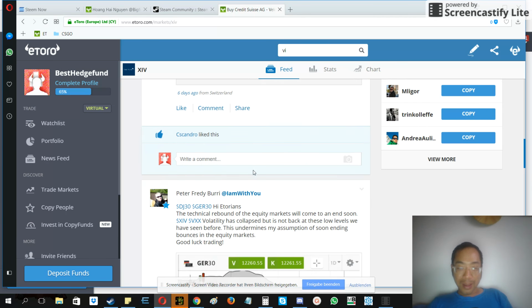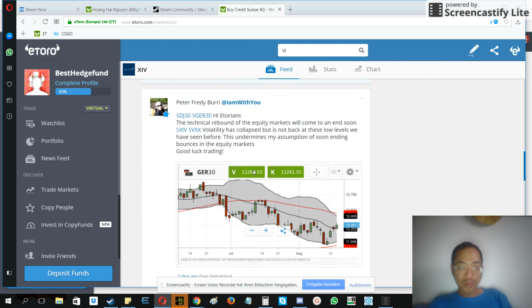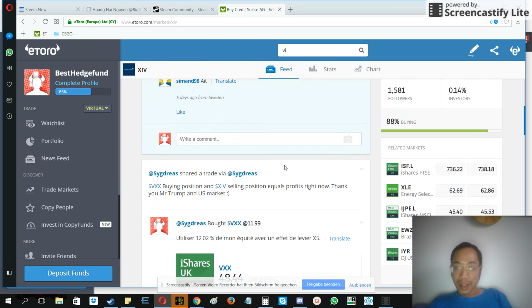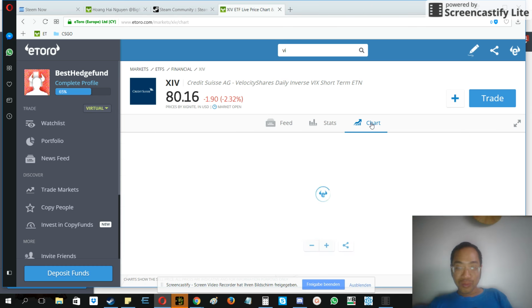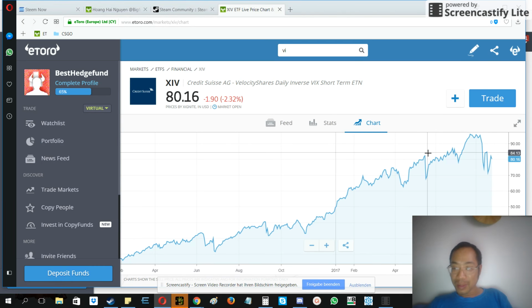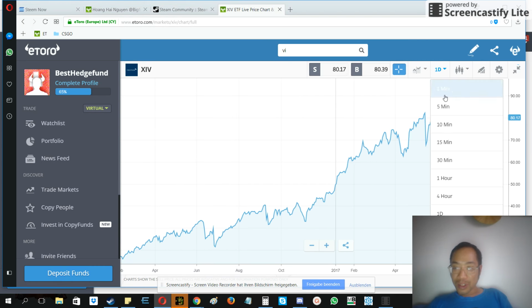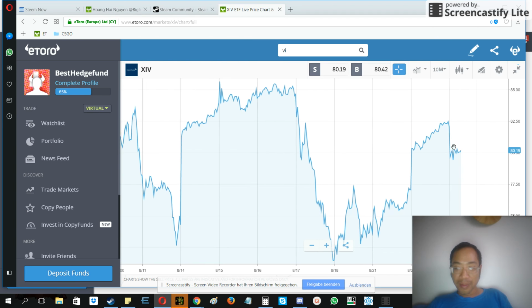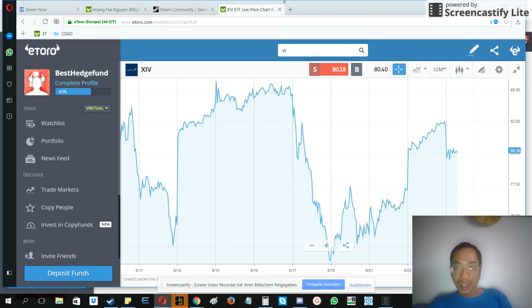And at the moment it's a bit of a problem from eToro, because they haven't done the reverse splitting properly.